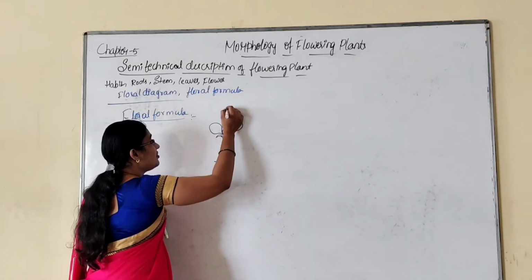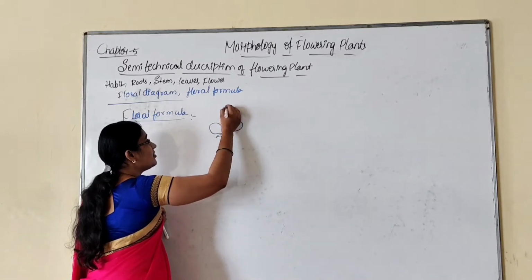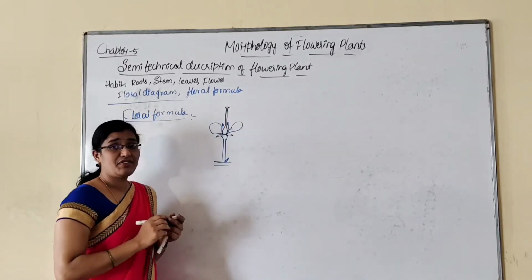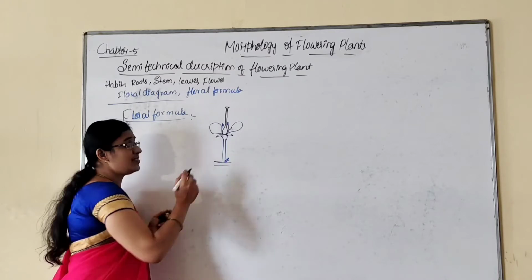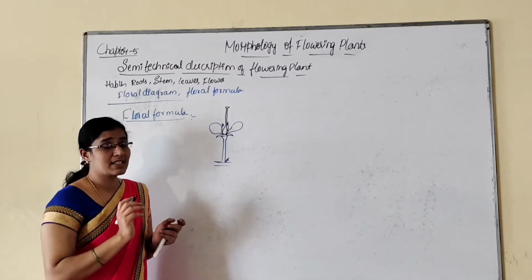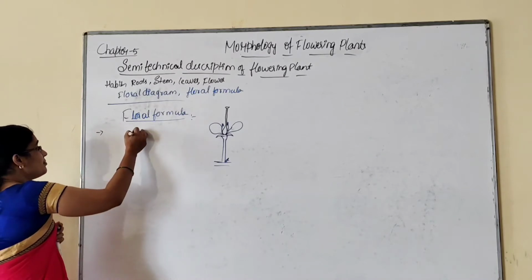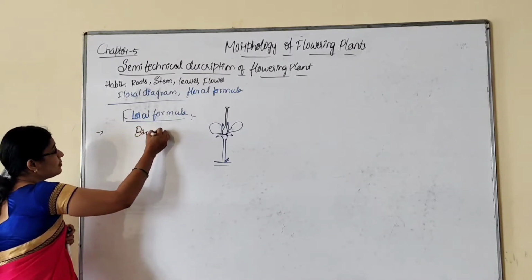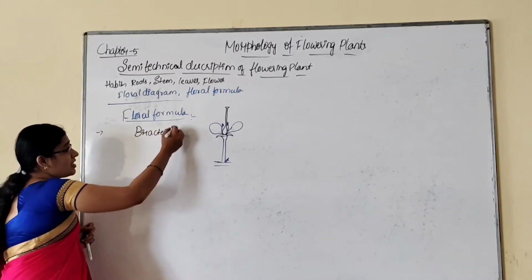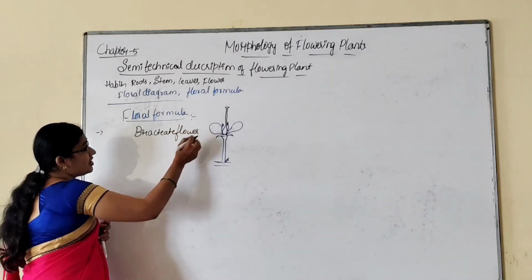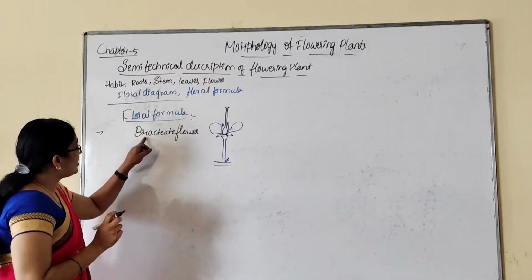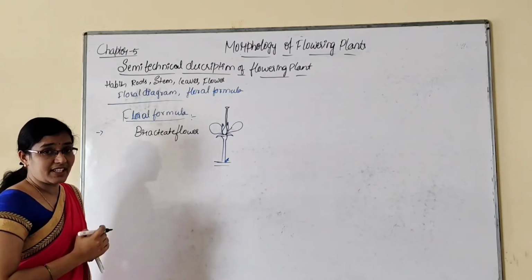So even to describe the different floral characters, we give different symbols. Those flowers which are bearing bracts are called bracteate flowers. It is difficult to actually write all these words in detail.